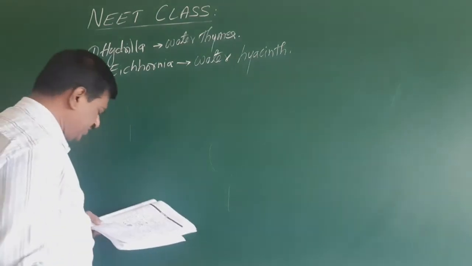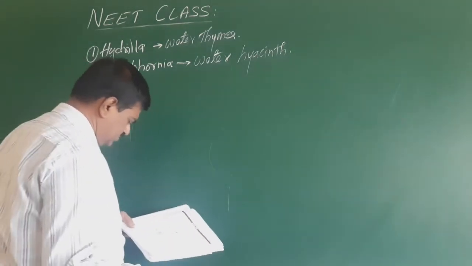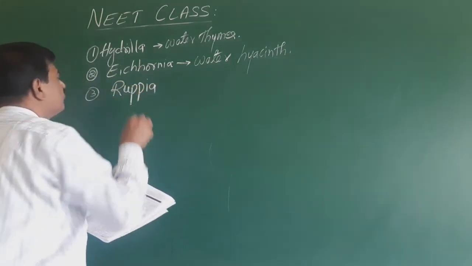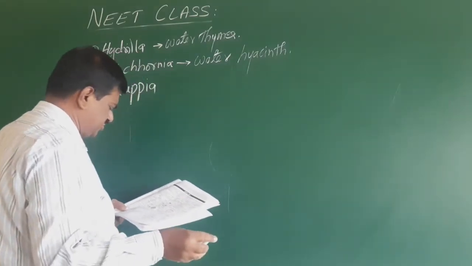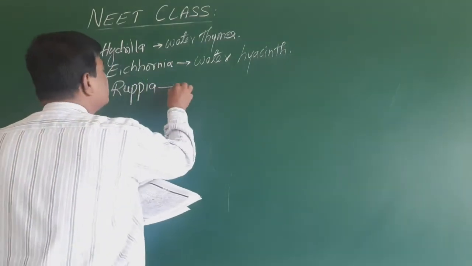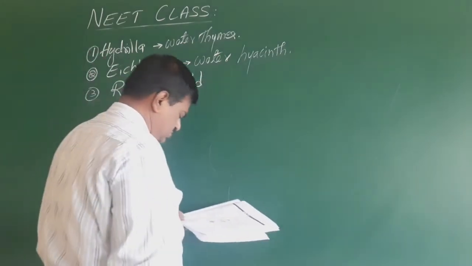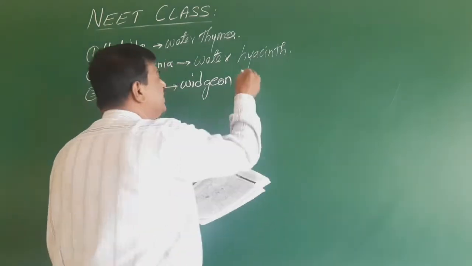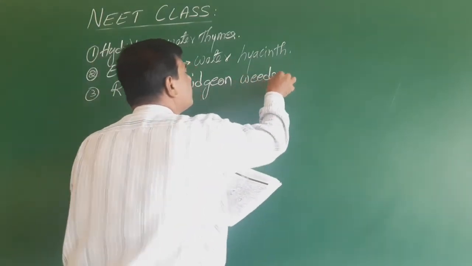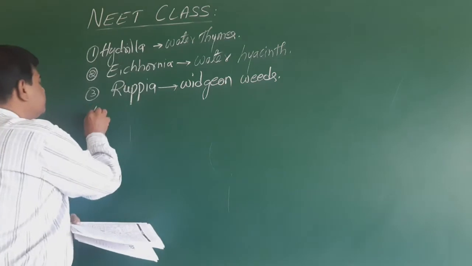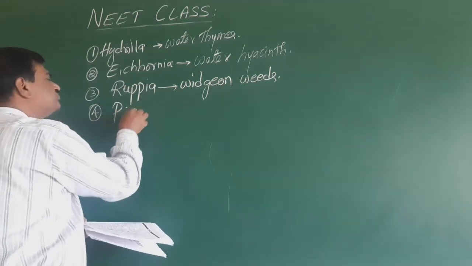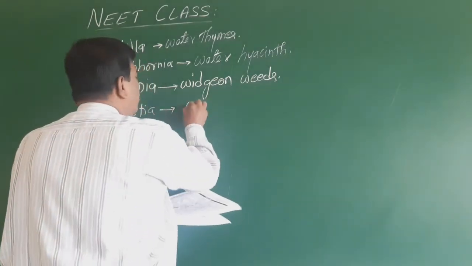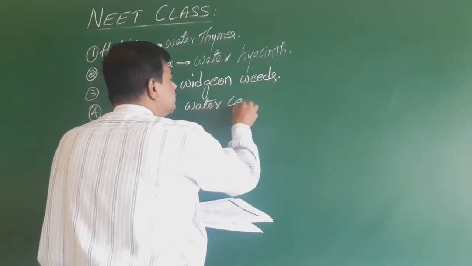And the third option is Ruppia, which is called Wadian weeds. And the fourth option is Pistia. This Pistia is called water lettuce.